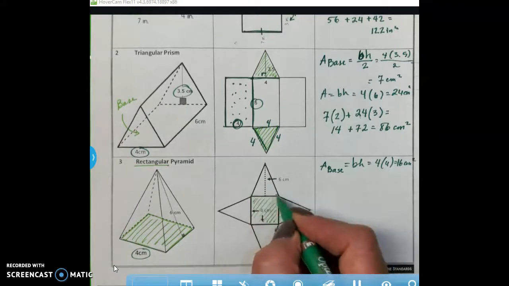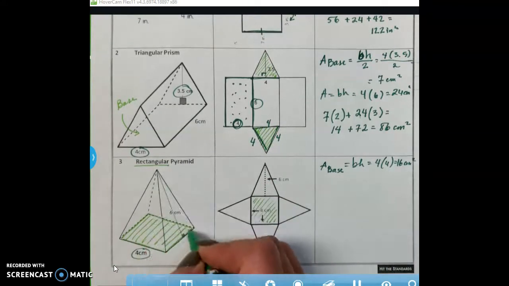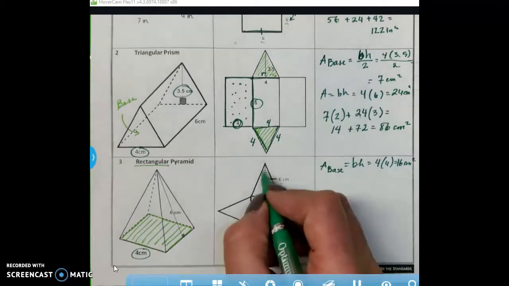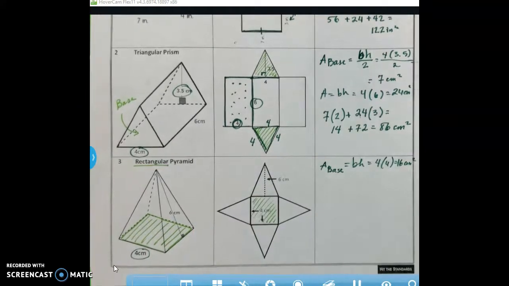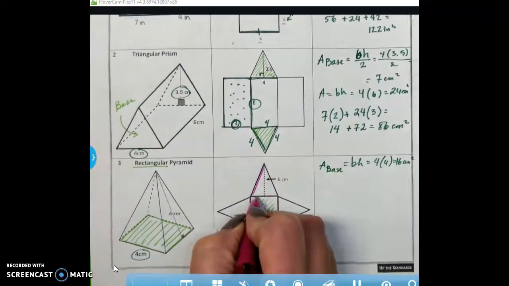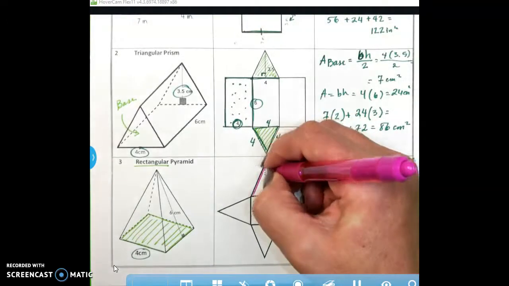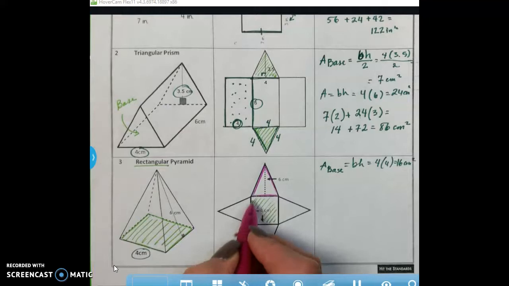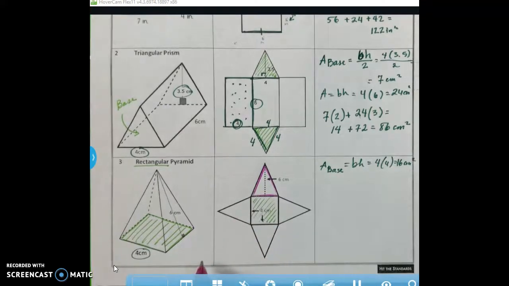Let's talk about our faces. The face of a pyramid is a triangle. So it unfolds in a really cool looking star-like net. We don't have to work with all 4 of the triangles. Since we are working with the square base, every one of those triangles is identical.